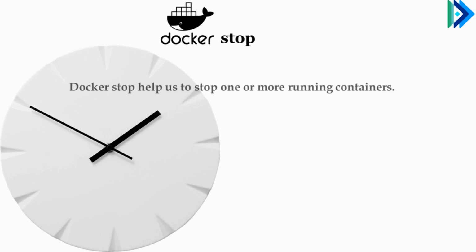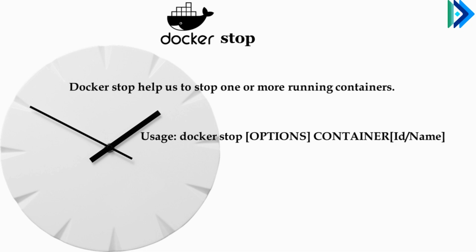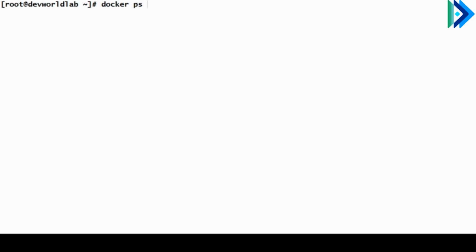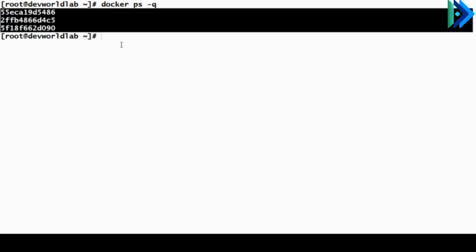Docker stop helps us to stop one or more running containers. Usage: docker stop options container ID or name. In terminal, type docker ps -q to get the running container IDs.